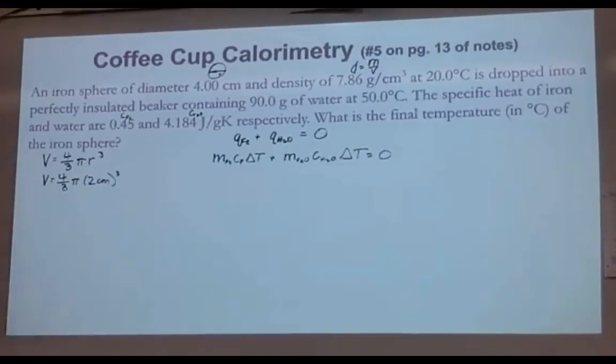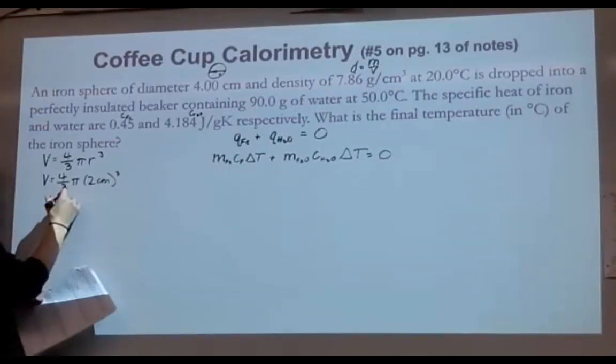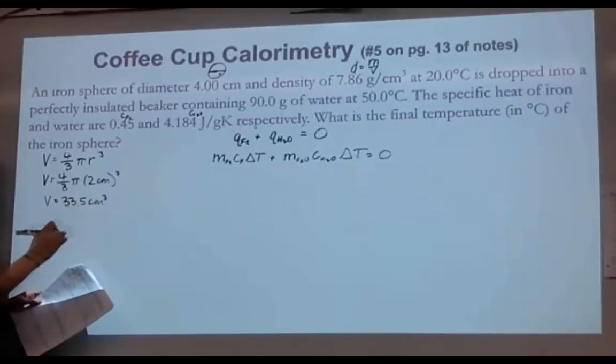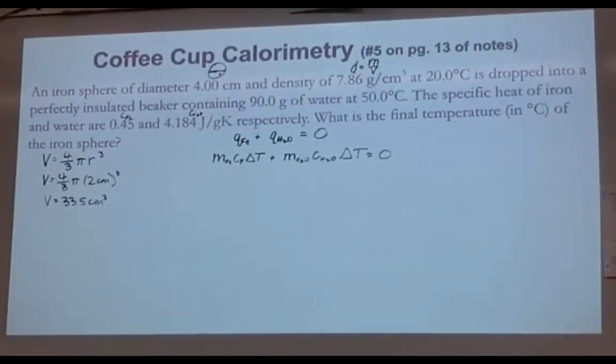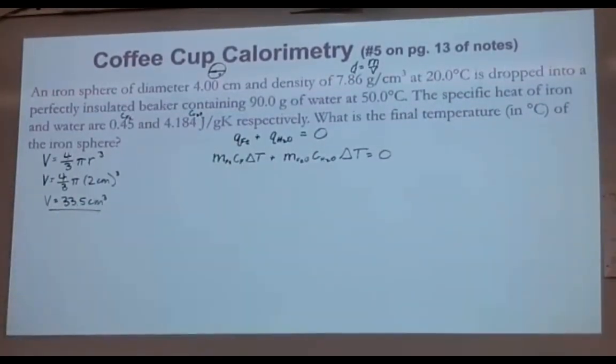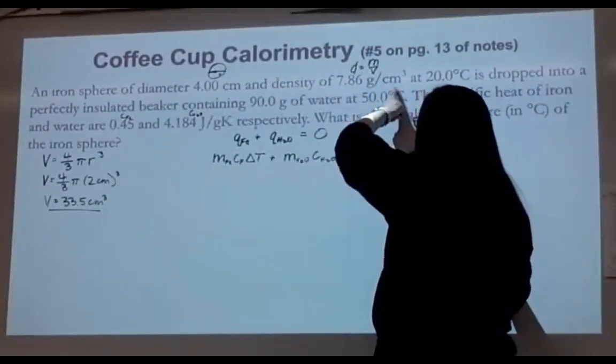So to calculate the volume of this sphere, we do 4/3 times pi times 2 cubed. 2 cubed is 8. 8 times pi times 4/3 is 33.5 centimeters cubed. There's volume. So the volume of this sphere is 33.5 centimeters cubed. The density, 7.86 grams per centimeter cubed.